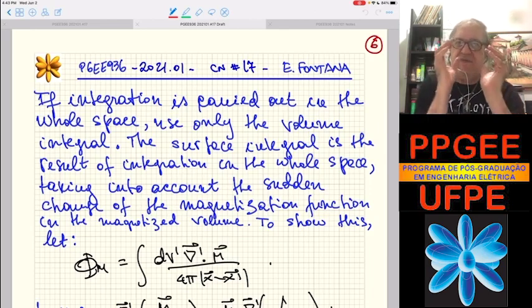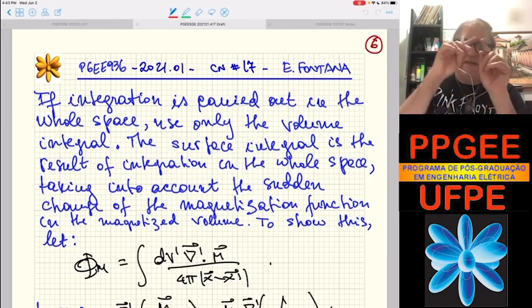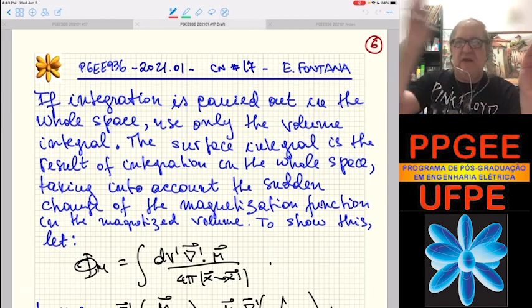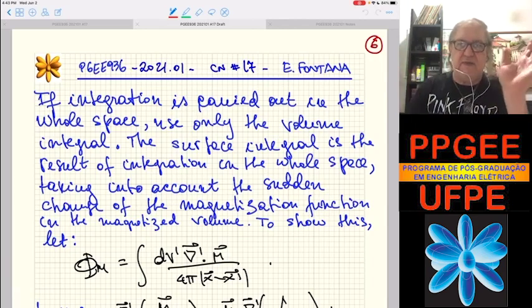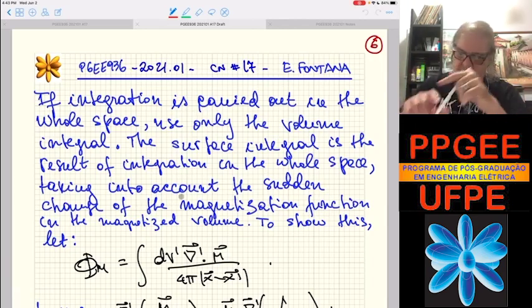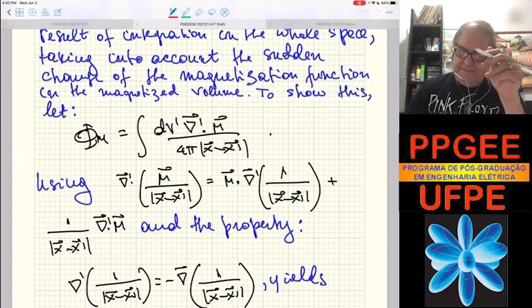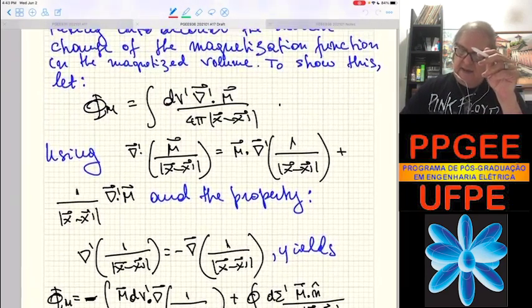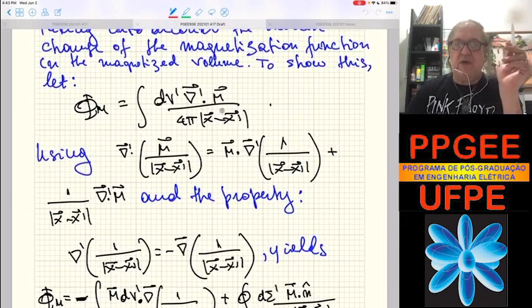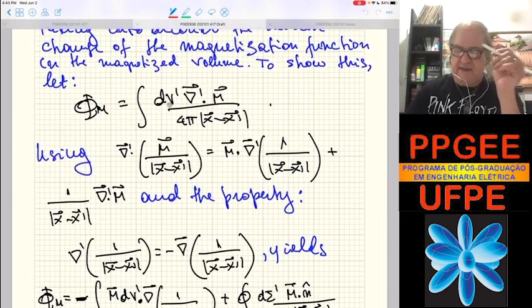We break into a finite volume integral and a surface integral, or we integrate the whole space, just the volume integral. It's the same result. Okay? So, suppose that we integrate in the whole space. Recalling this is important to reinforce it.